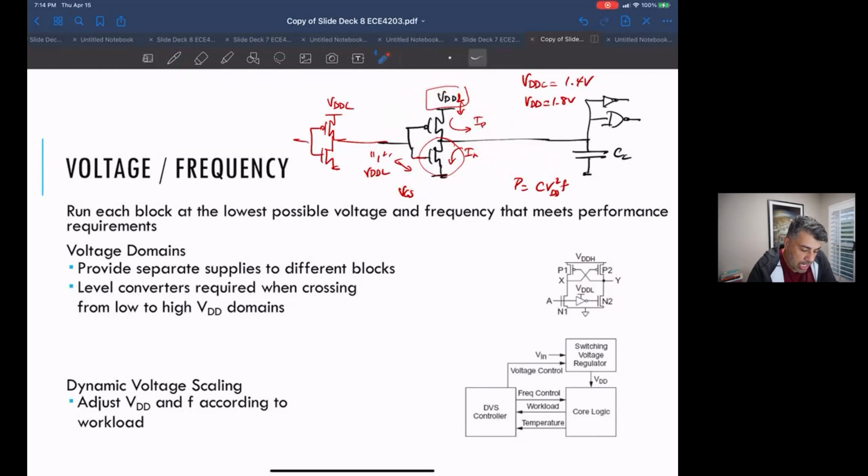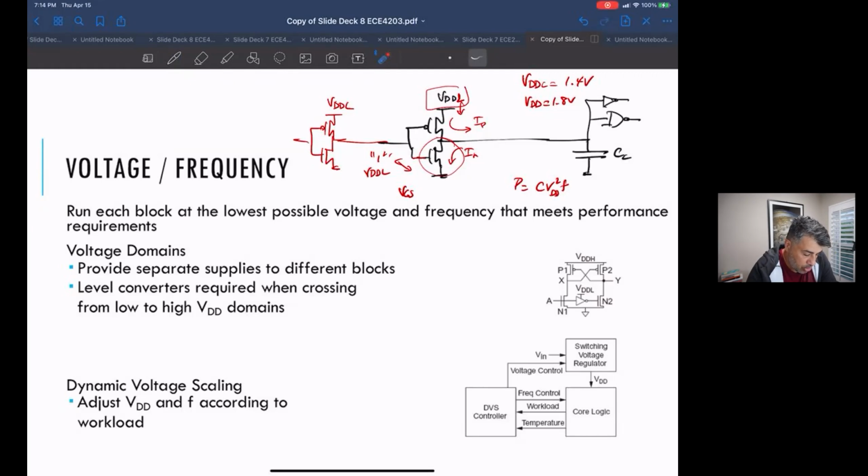So you can run those at a lower supply and run your fast circuits separately. Let's say you have a memory, like a DDR memory interface block. You'll run that at the full supply voltage because that needs to be as fast as possible.